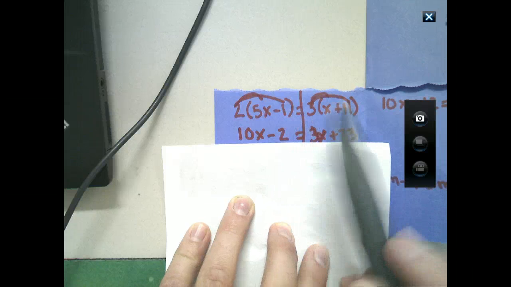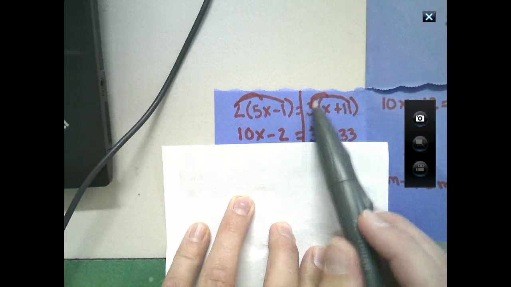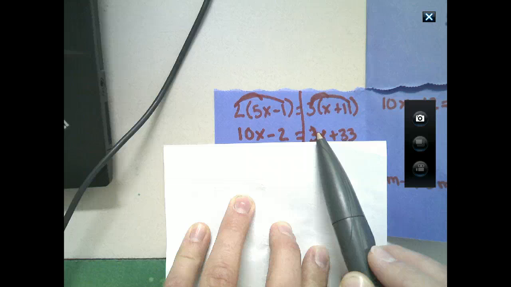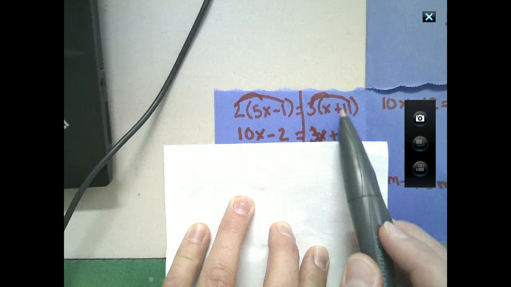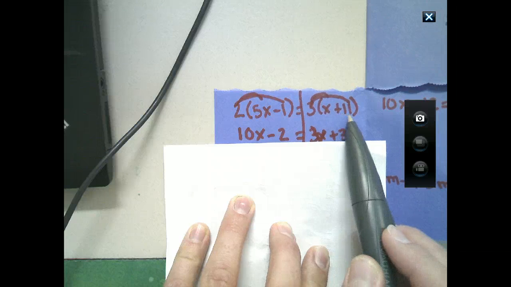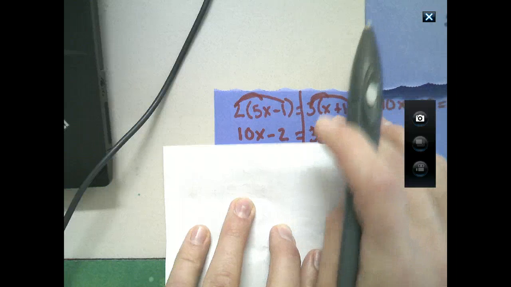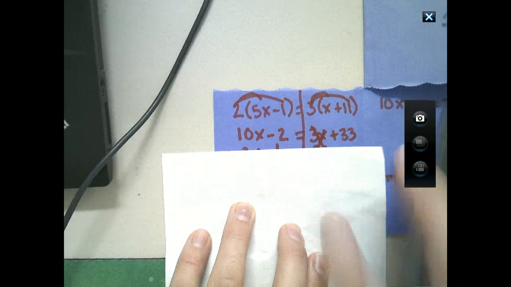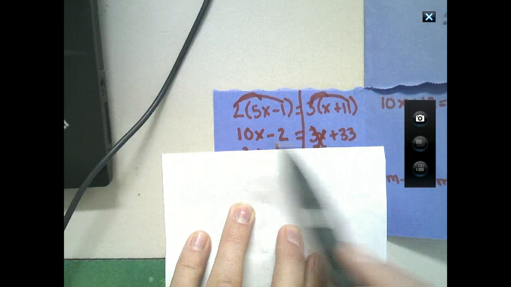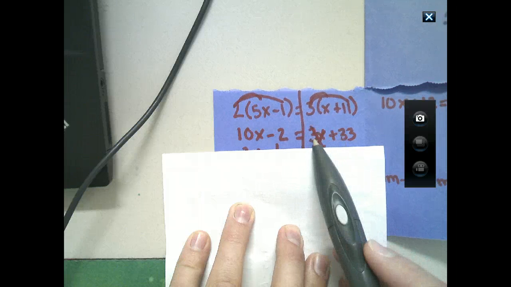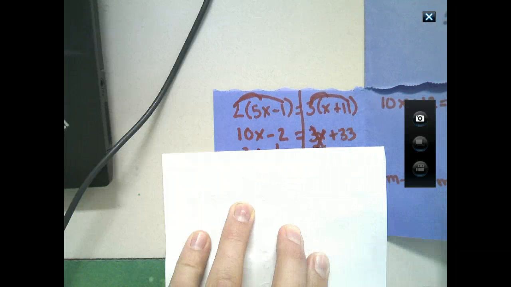Now equals. Now let's do the other side. I have 3 times x, which gives me 3x. 3 times, and this time it's a positive 11, because I have a plus there, so it's positive 33. So now we end up having 10x minus 2 equals 3x plus 33.